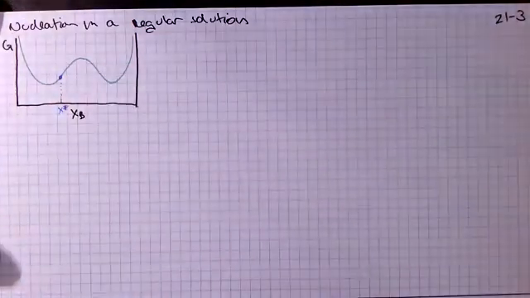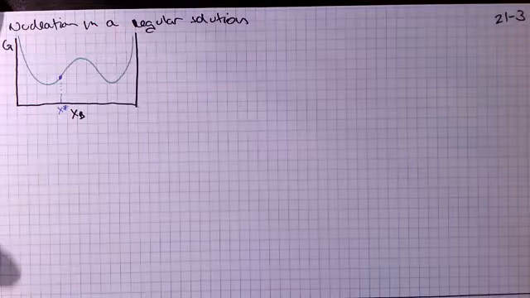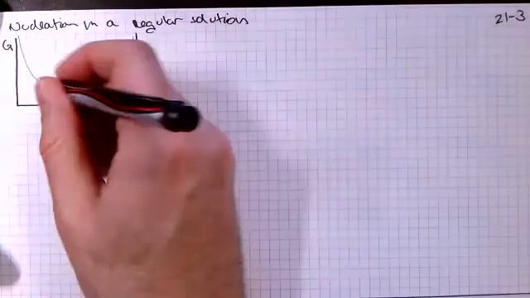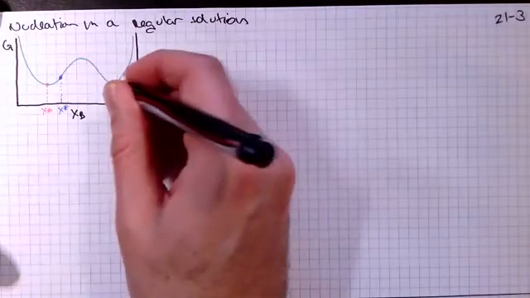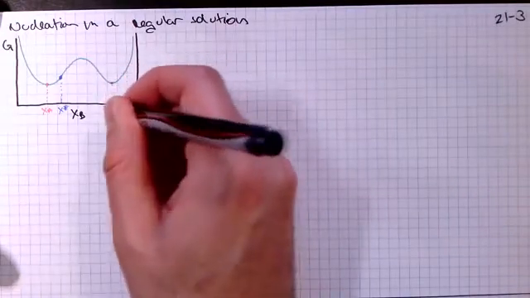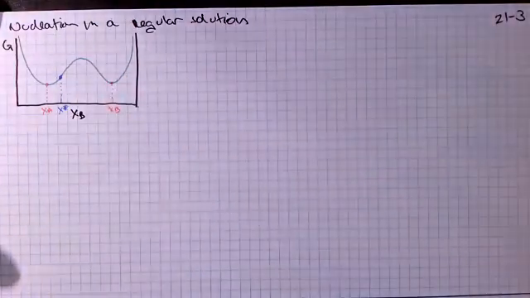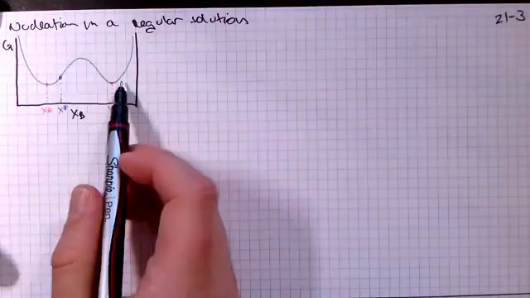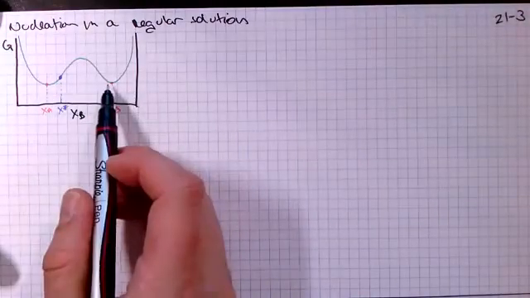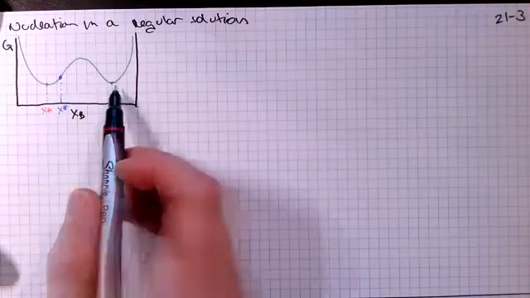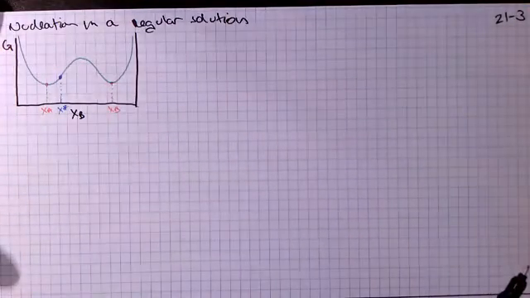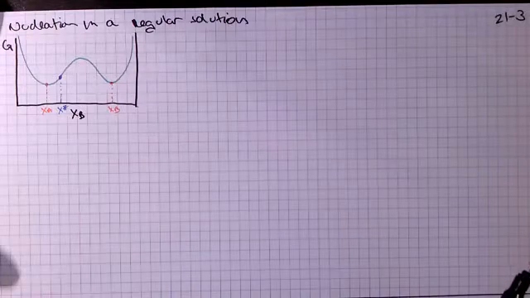And now we believe that it would lower the free energy if we were to be able to phase separate into XA and XB, so two phases that are joined by the common tangent construction so that they have the same chemical potential, right?